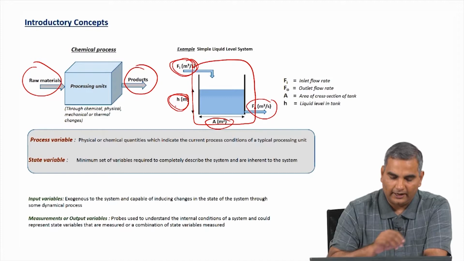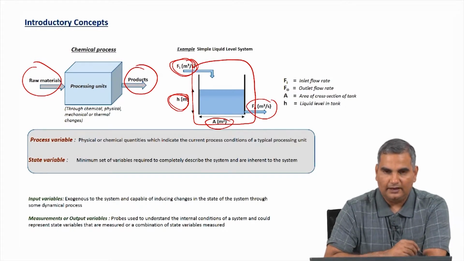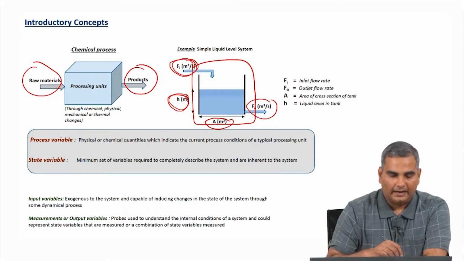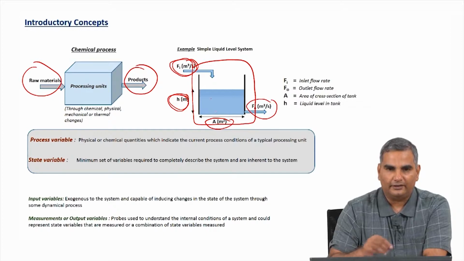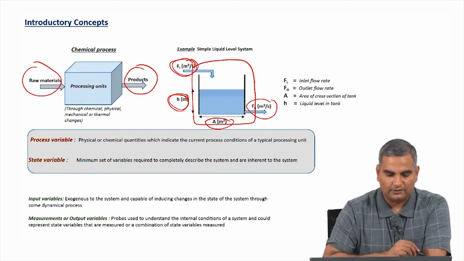So, once I know height and I know Fi, which is exogenous to the system, then I could, for example, write a model and integrate it, and I will know the value of height at all times, and I will also know the value of F naught at all times. So, that is the reason why we call this a state variable.